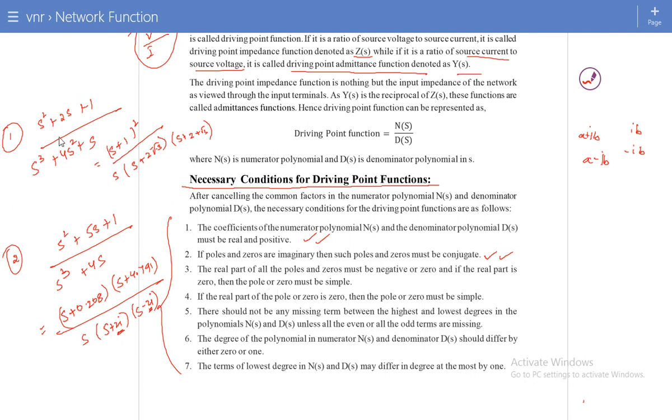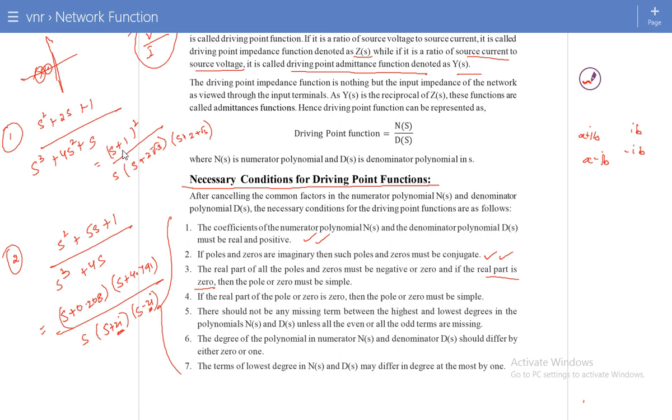Negative means the poles and zeros have to lie on the left half of the s plane. And if the poles or zeros are lying on the imaginary axis, meaning the real part is 0, then the poles or zeros must be simple.